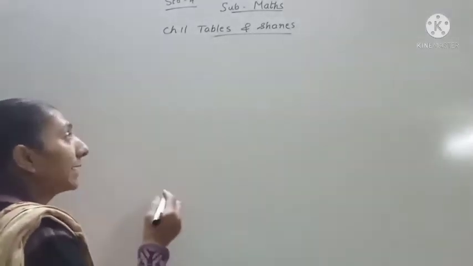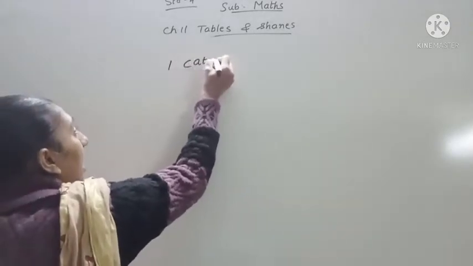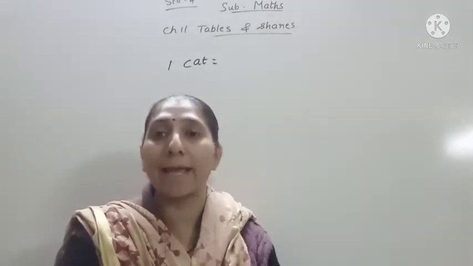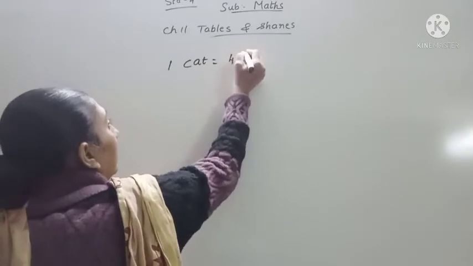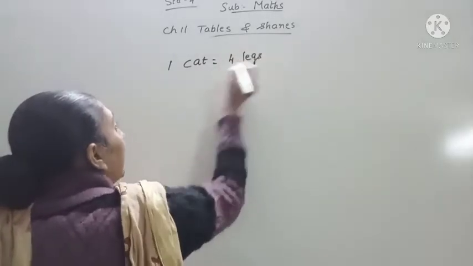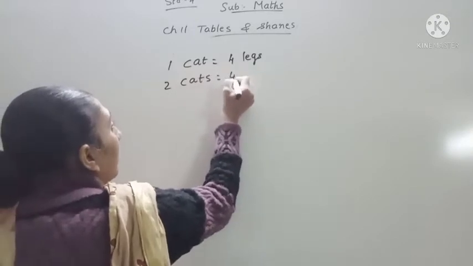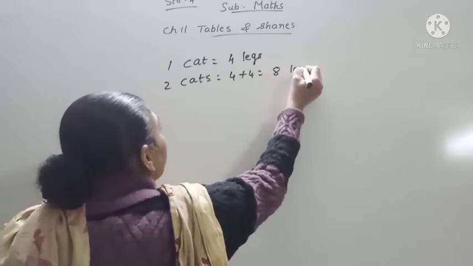For example, how many legs? If there is one cat, one cat has how many legs? 4 legs. Then 2 cats, 4 plus 4 is equal to 8 legs.